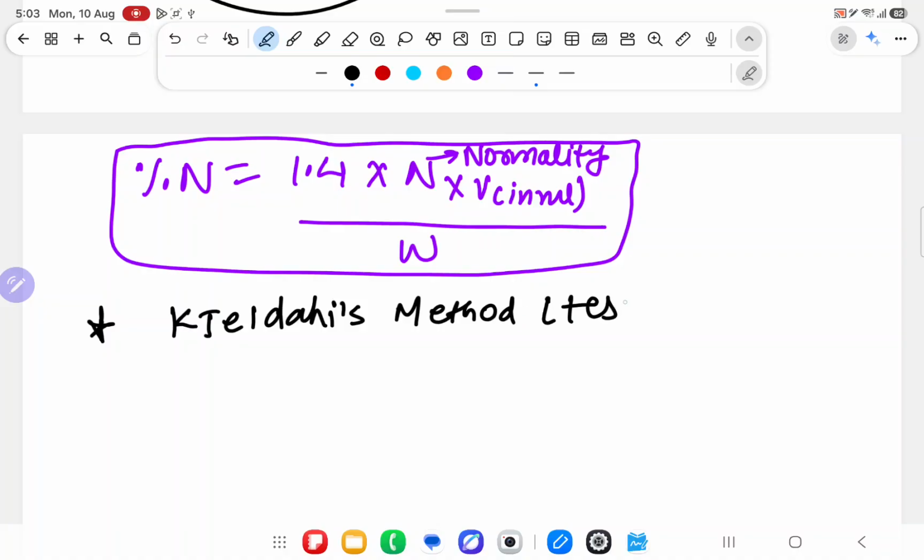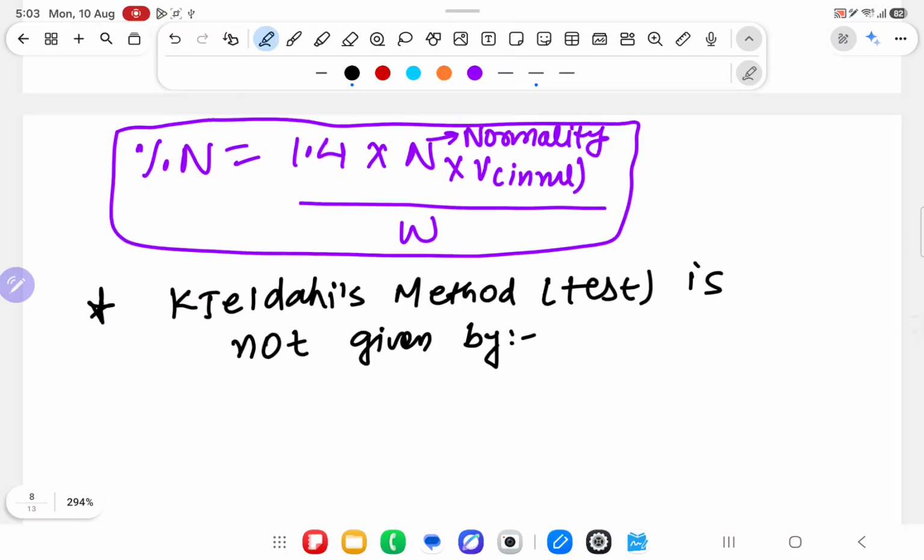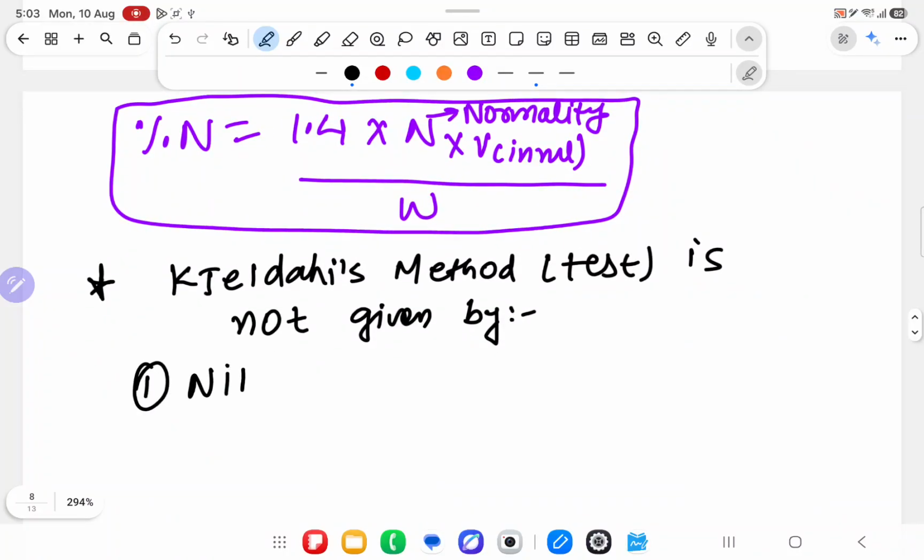Over here, a very important point you will write: the Kjeldahl method, or they will write test also, is not given by certain compounds. Direct question asking which of the following will not give the Kjeldahl test. First you will check which one is a nitro compound.